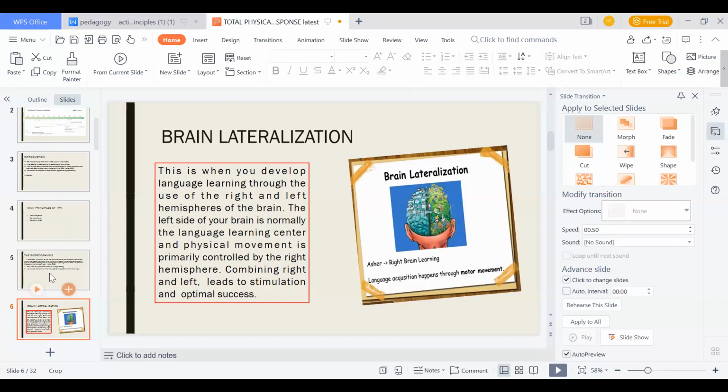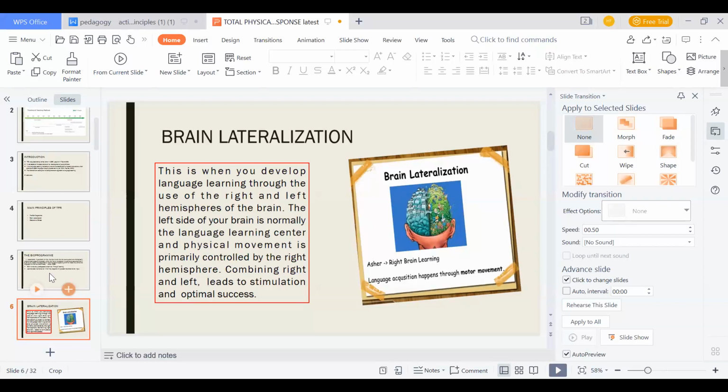Thank you. Very good. So brain lateralization means, now you know, our brain has a right hemisphere and a left hemisphere. If you are very dominant in your right hemisphere, you are a left-hander. If you are very dominant in your left hemisphere, you are a right-hander. And they have their own skills and abilities, right? So right and left hemispheres are combined here. Why? In TPR language learning.